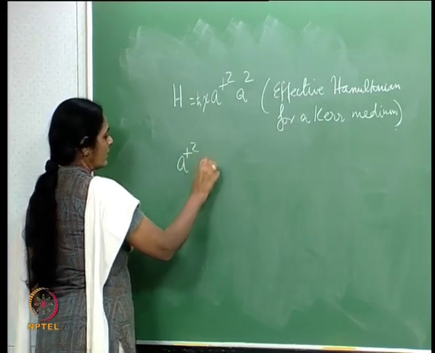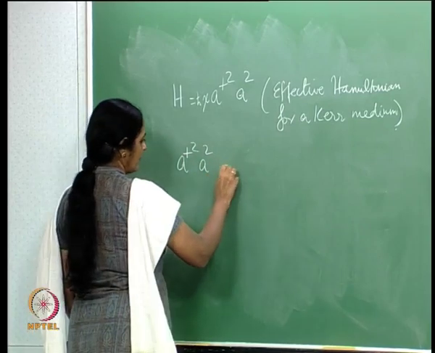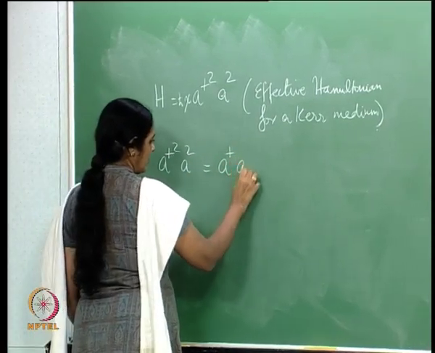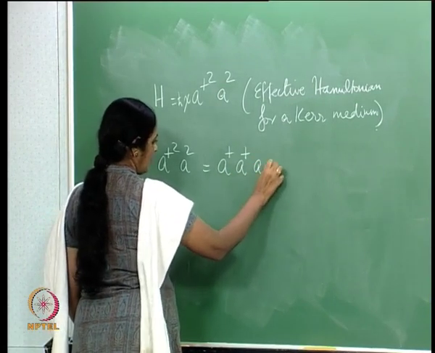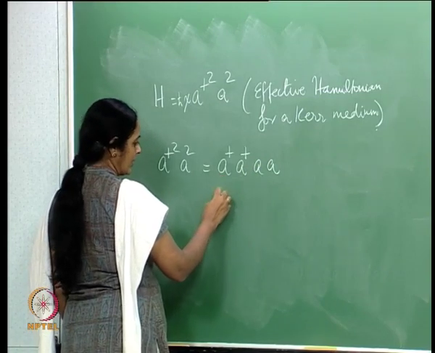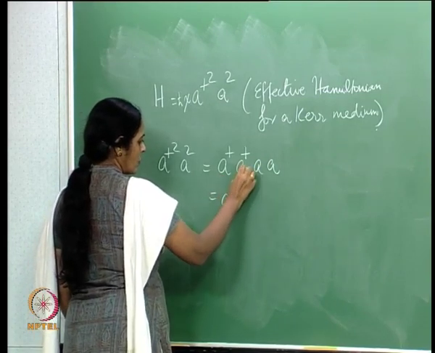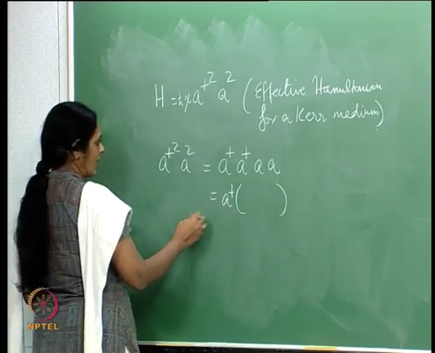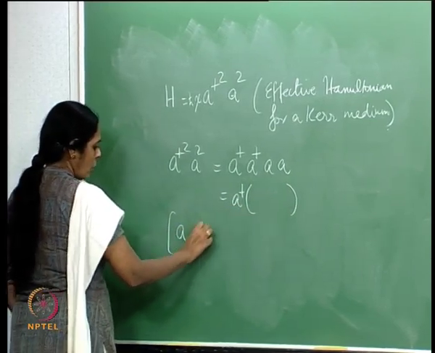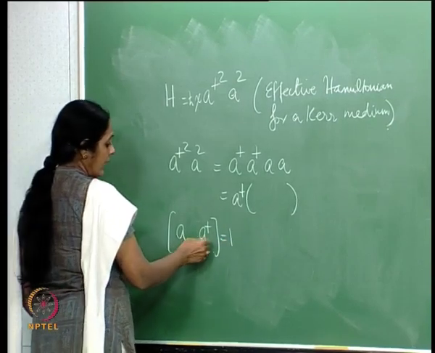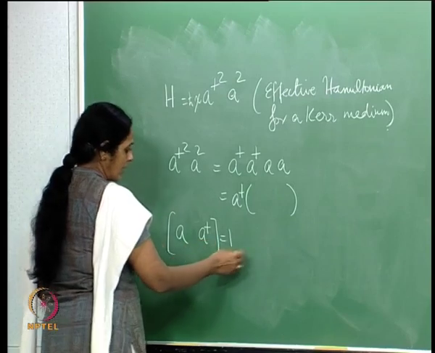I consider a dagger squared a squared. I can write this as a dagger a dagger a. So, I write a a dagger in terms of a dagger a. Recall that a a dagger is 1 plus a dagger a.